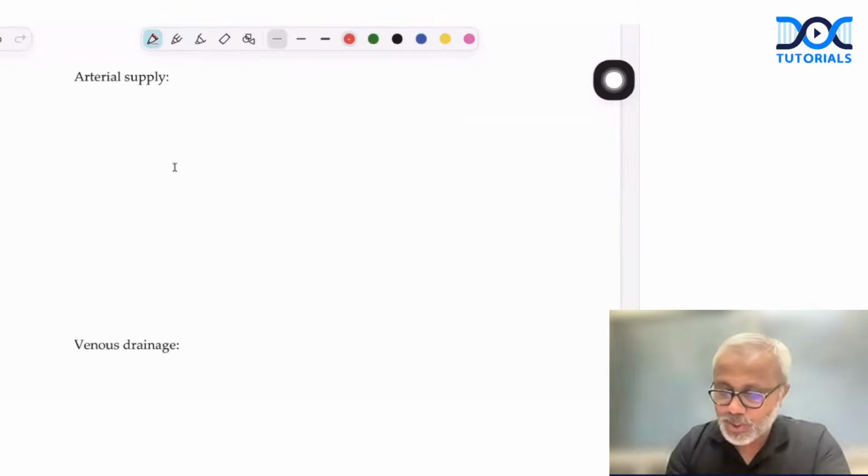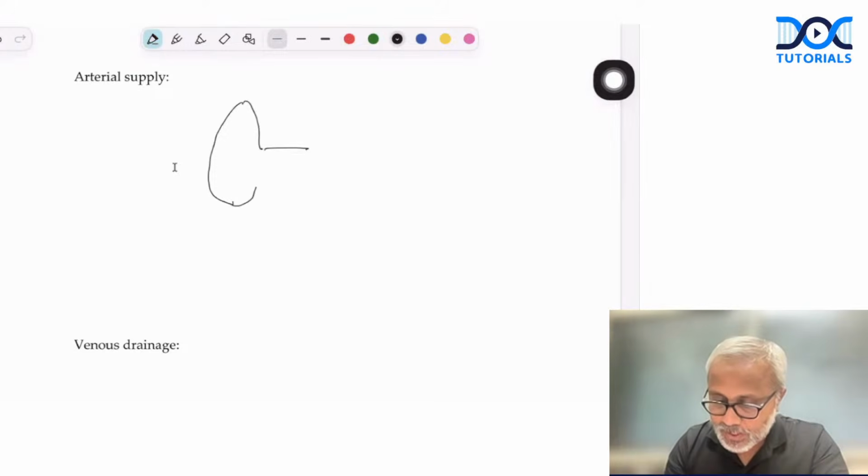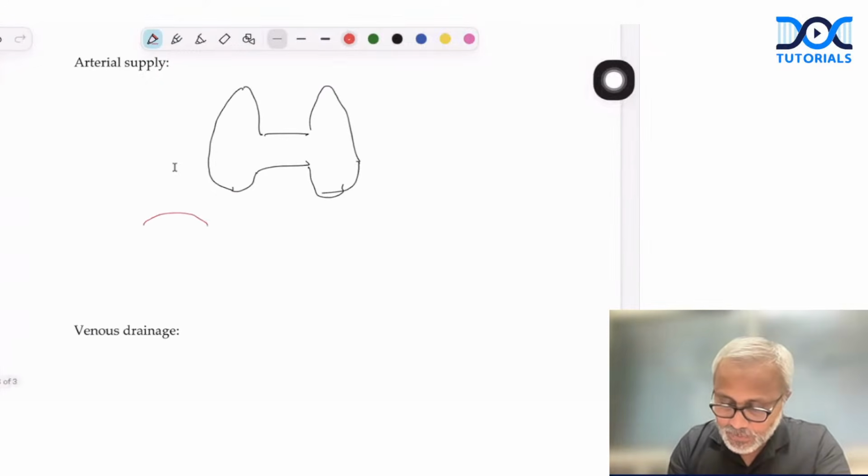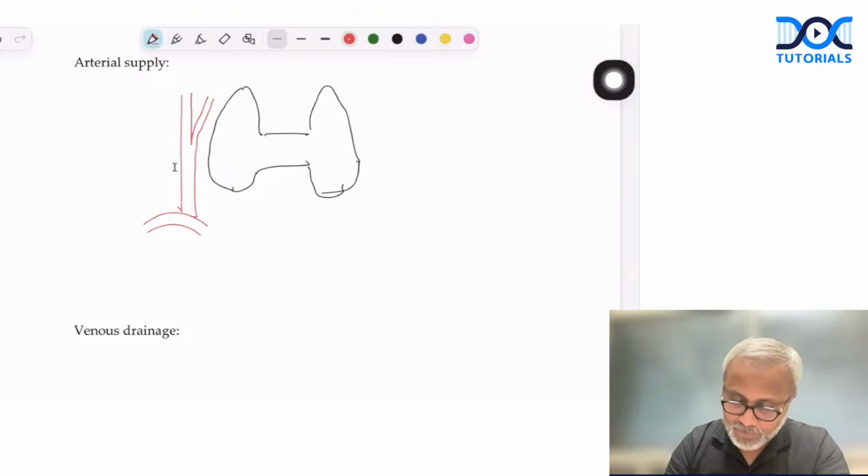Next, about arterial supply. Again, the best way to show arterial supply is by drawing one more diagram. The lobes, the isthmus, right? So let's imagine we have the subclavian artery here. Done. And we have the common carotid artery, which will be divided into internal and external carotid artery. So what happens here is, from the first part of the subclavian, we have the thyrocervical trunk, which divides into three branches.